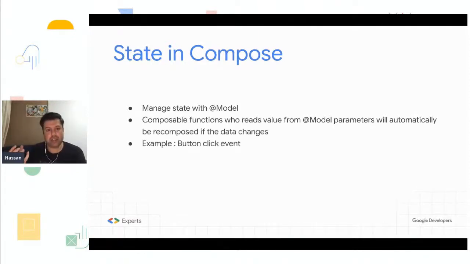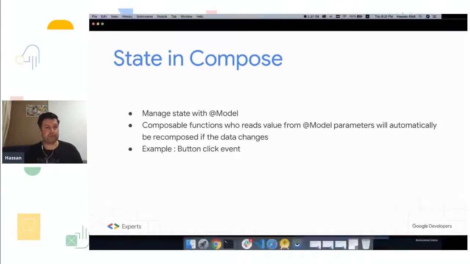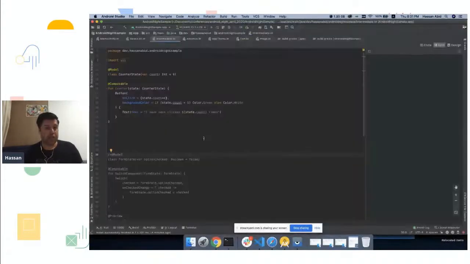Whenever, let's say, your model changes, it will tell the compose function to recompose, so redraw. Let's say you have a click event on a switch, then based on the state, it will change to another state, and at the same time, it will update the model for you. So this is how we capture events. Let's look at an example. So go back to the code.